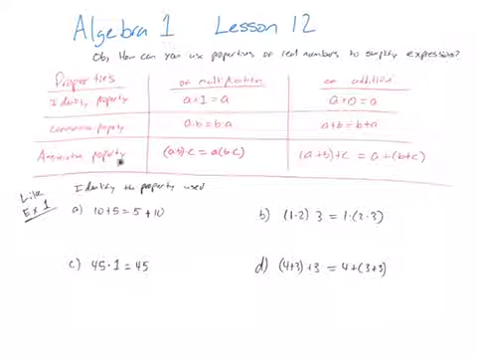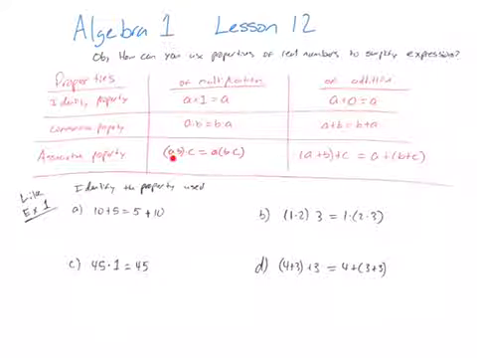And then the last kind of property is the associative property. The associative property, think about who you hang out with, who you associate with. So this first one says, the associative property of multiplication says A times B times C is the same thing as A times B times C, with different grouping. So notice it's still the same numbers, but it's just who's hanging out.